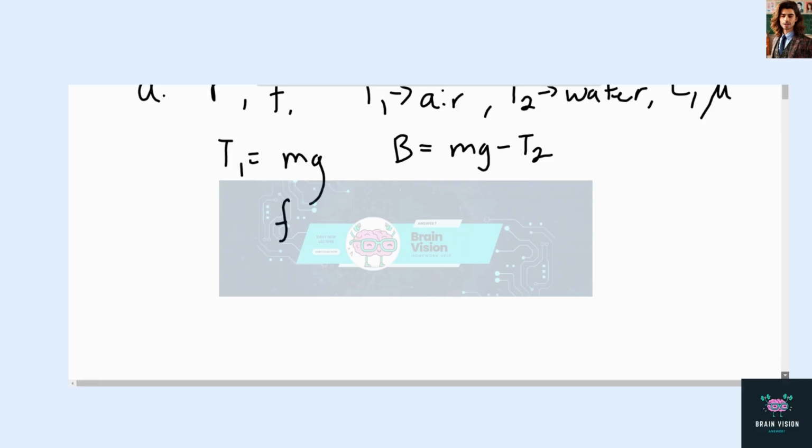So we can say that the frequency f of the string in this situation is equal to n1, which is the mode when it's suspended in air, over 2L, times the square root of T1 over mu.